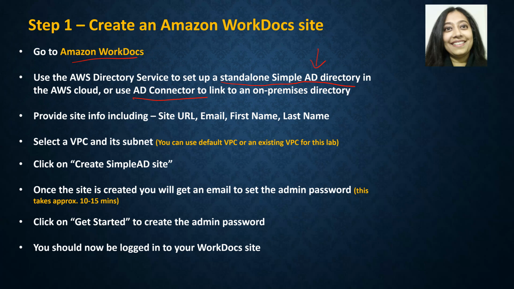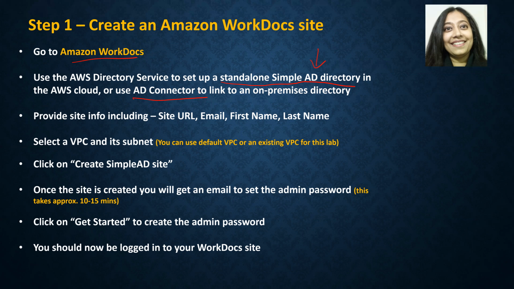Now, depending upon your situation, if you are doing this for learning purposes, practice purposes, or just exploring this service, then just go ahead with simple AD directory. But let's say if you do have your Microsoft Active Directory connected and you want to leverage that, then you can go ahead and use AD connector.